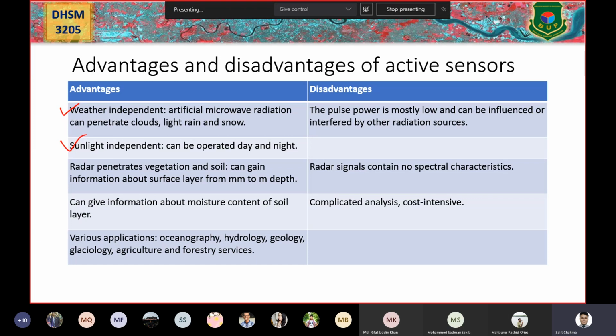Since it's very efficient at detecting water, it's also widely used in hydrology. And then of course, since it can penetrate the soil to some extent, it can easily find out the minerals in soils or the soil types. It's also being used in geology.